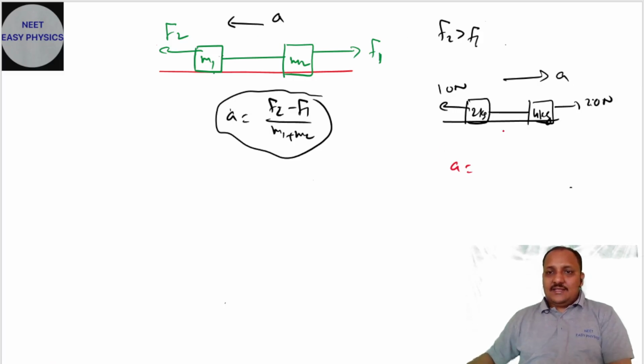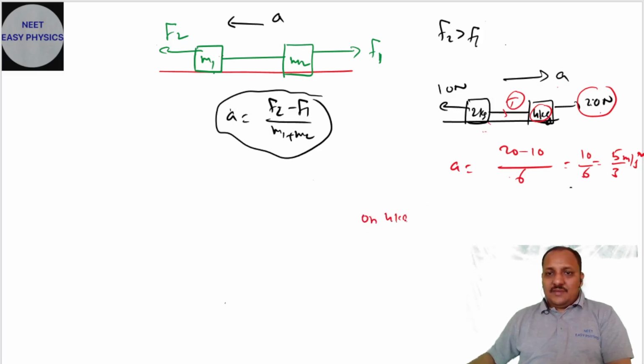The acceleration of the two blocks is (20 minus 10) divided by (2 plus 4), that is 10 by 6, so 5 by 3 meter per second square. Correct? Now what is the tensional force here? You can calculate on the 4 kg or on the 2 kg. The 4 kg is moving to the right side. Therefore, the right side force is 20, and the left side force is T.